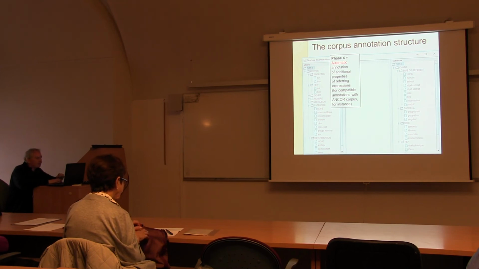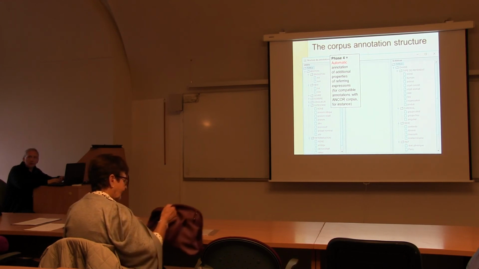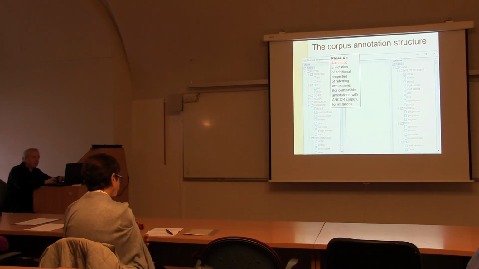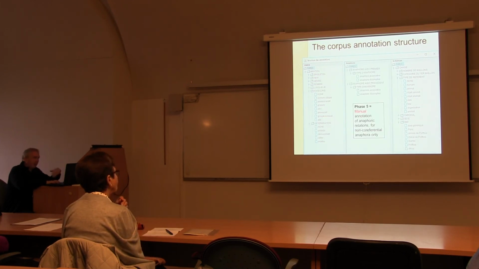For instance, an attribute new that says if the mention is the first one of the chain or not. This is of importance when, for instance, we have NLP applications for the corpus.